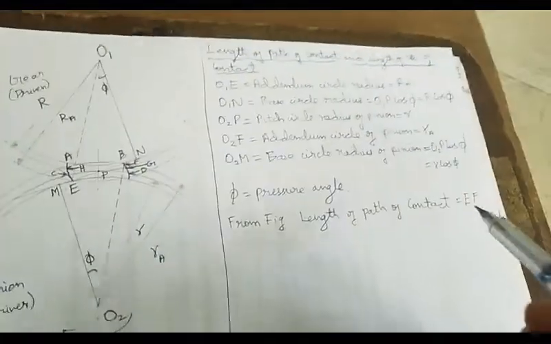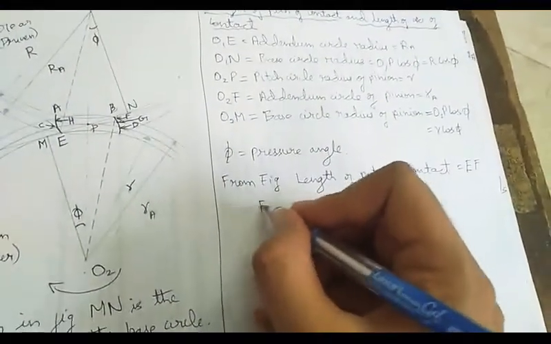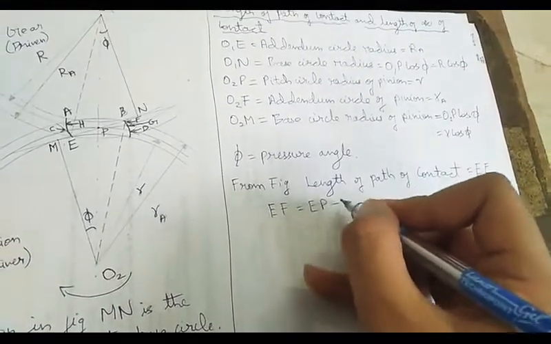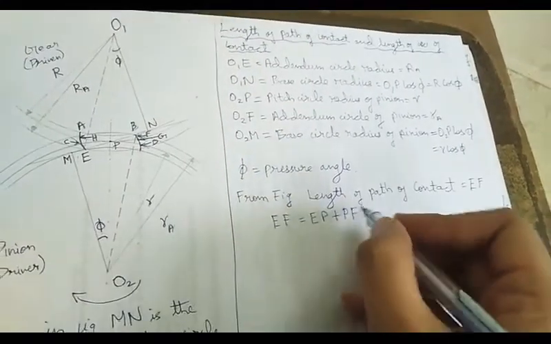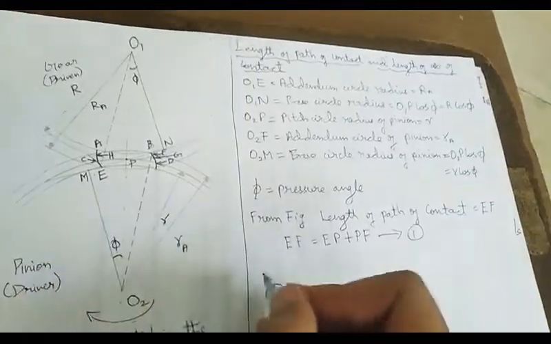So from the figure, EF is given by EP plus PF. So EF is equal to EP plus PF, and we shall call this equation 1.